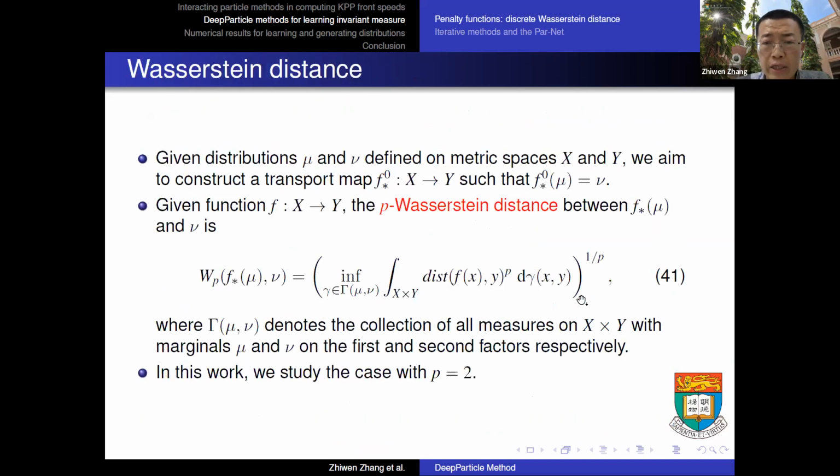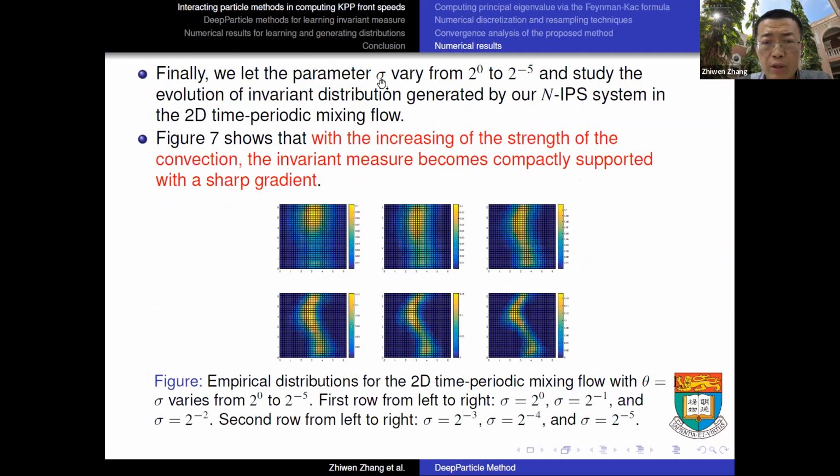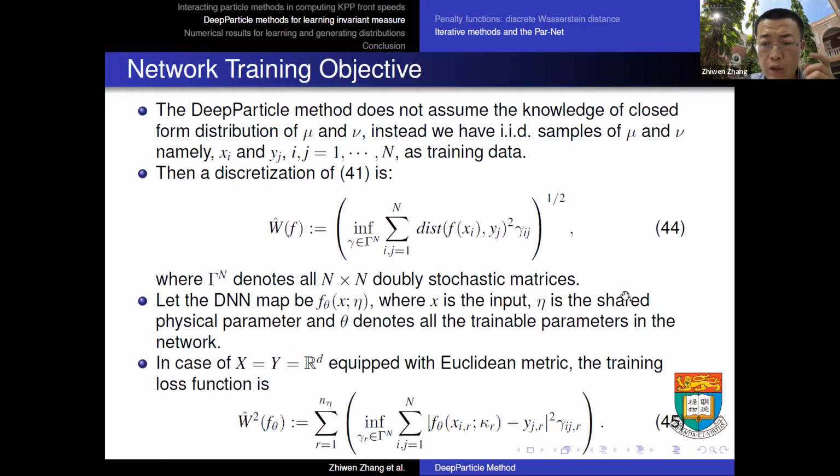In my case, you can view it as epsilon, the diffusivity parameter, or the Péclet number. And theta is all the trainable parameters in the neural network, which will be updated by SGD, Adam SGD.